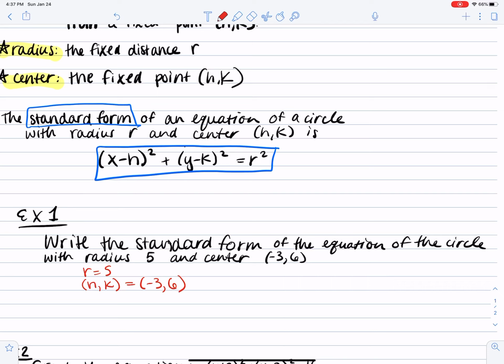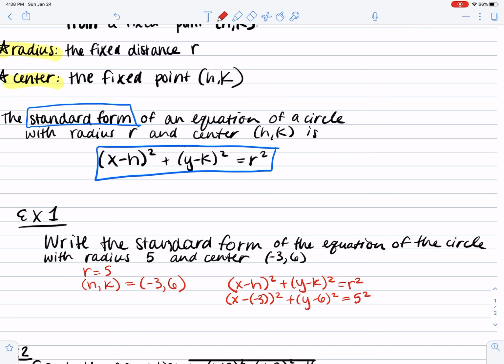So here's the standard form, (x minus h) squared, and then plug in all those values. So (x minus -3) squared plus (y minus 6) squared equals 5 squared.